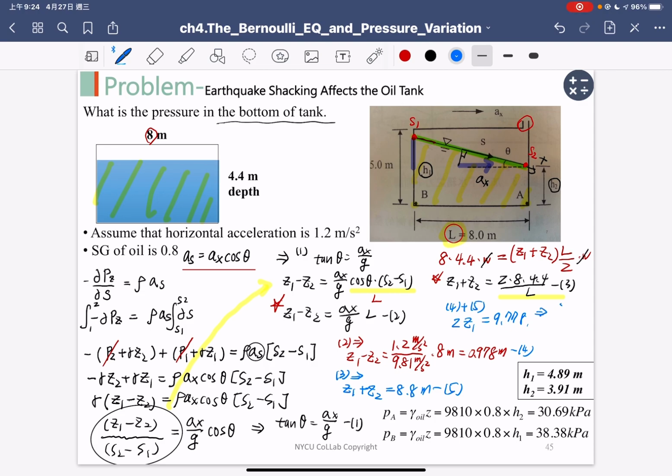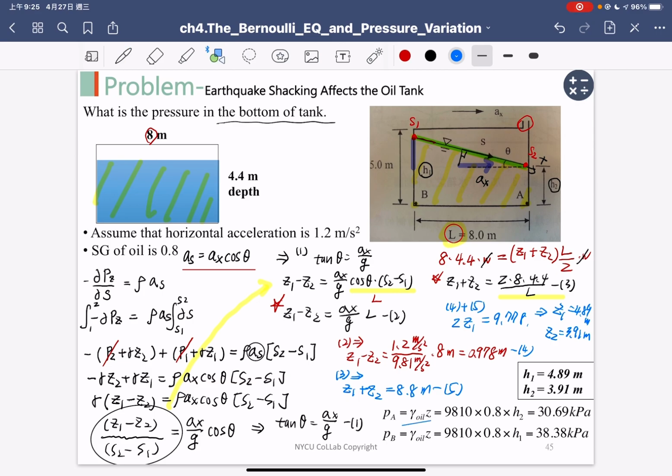So D1 is that divided by 2, around 4.89 meters. And you can put D1 into equation 4 or equation 5, and you know that D2 is 3.91 meters.